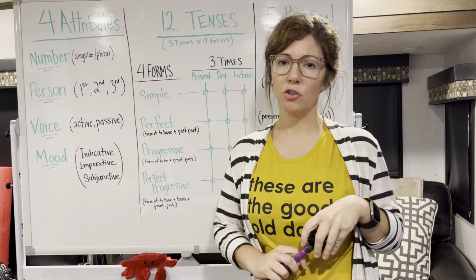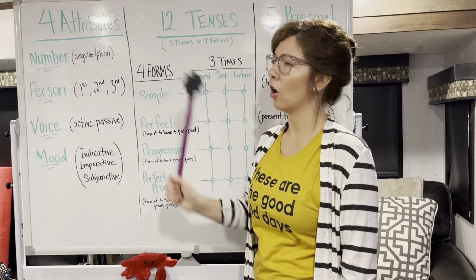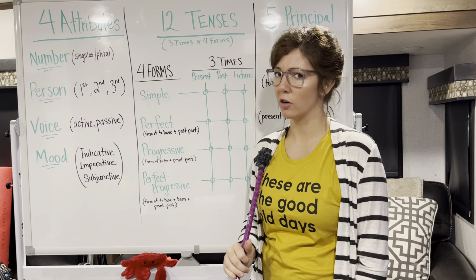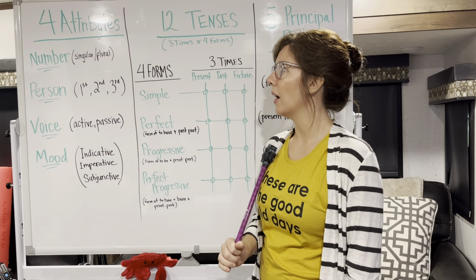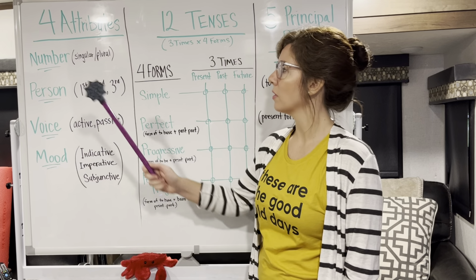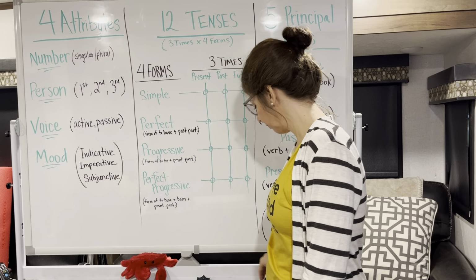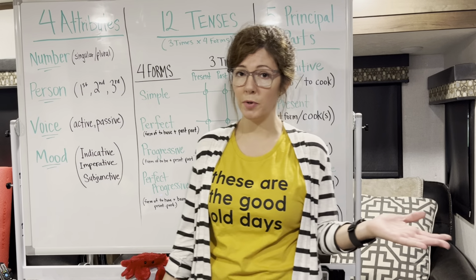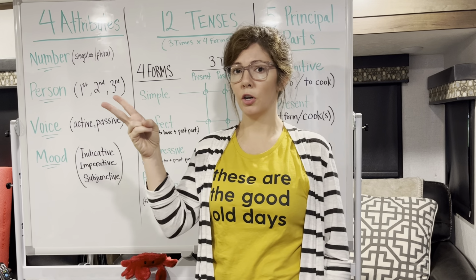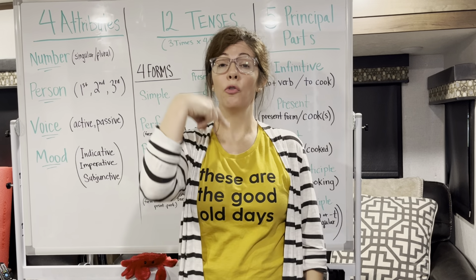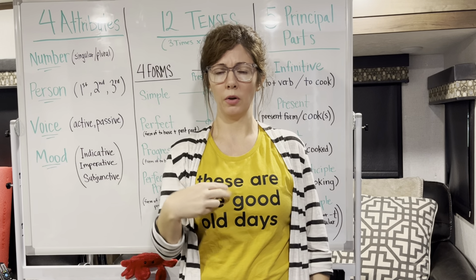Okay, 4 attributes. We are in CC and we have out our chart C. We will see that we have 4 attributes: number, person, voice, and mood. So what do we have? 4 attributes: number, person, voice, and mood.